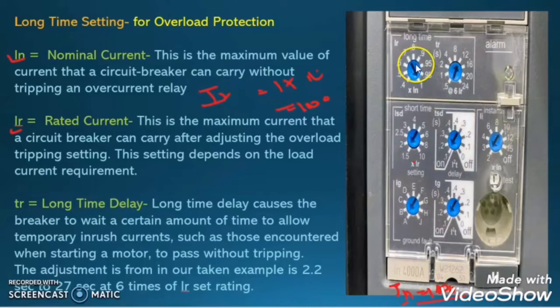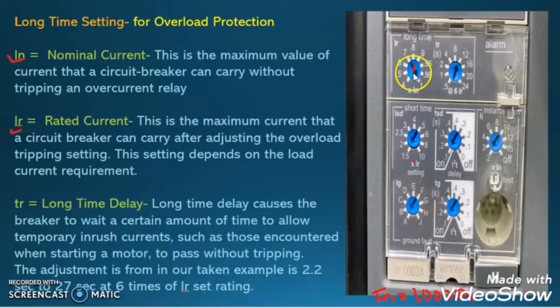But when we adjust this dial to 0.8, for example, then IR will be 0.8 into 1000. So what would be the value? 800. So the nominal rating of this breaker is 1000 ampere, but the rated current rating of this circuit breaker is 800 ampere.